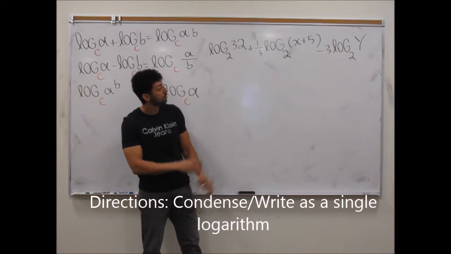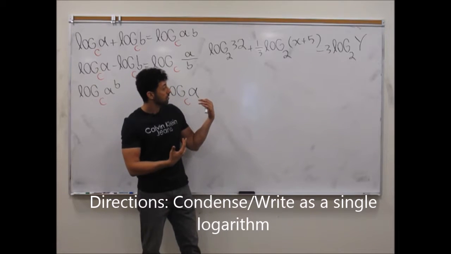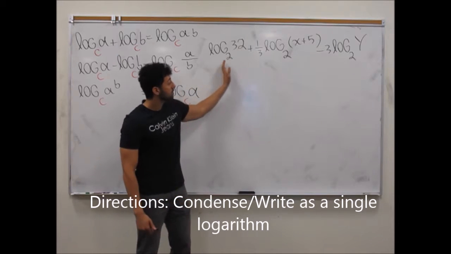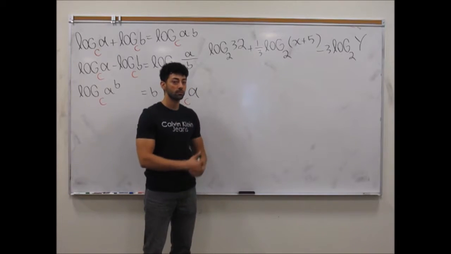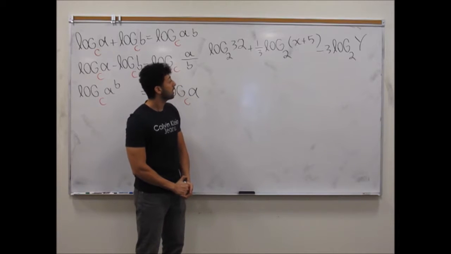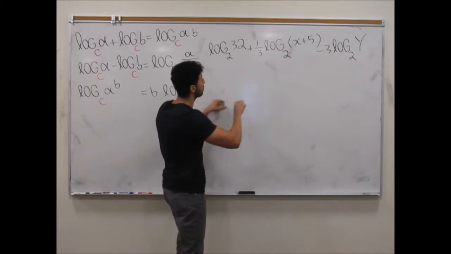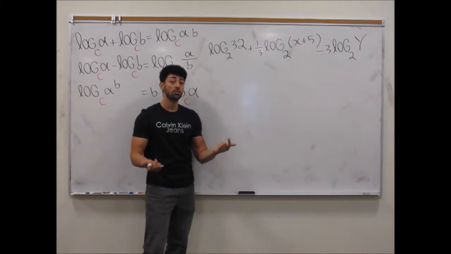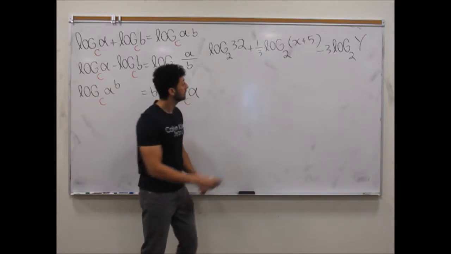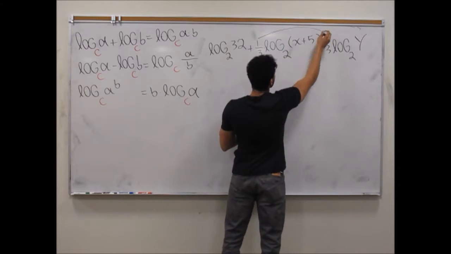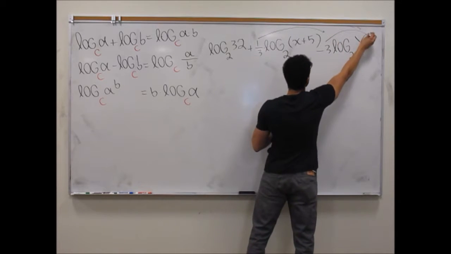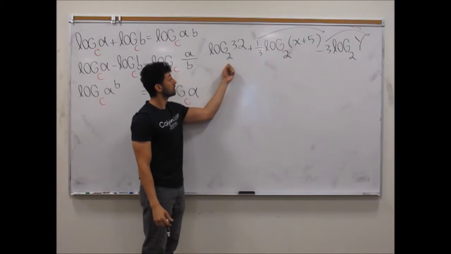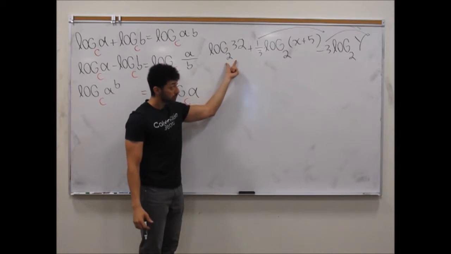Okay, so we're going to take this and compress it. They always have the same base, but you want to look out for that first, though they typically always do. And for the coefficients getting multiplied to the logs, bring them back as an exponent. That's the main thing you want to do when compressing. So we'll bring back the 1/3, we'll bring back the 3, and you don't want to simplify this because you don't want to get rid of your common base.